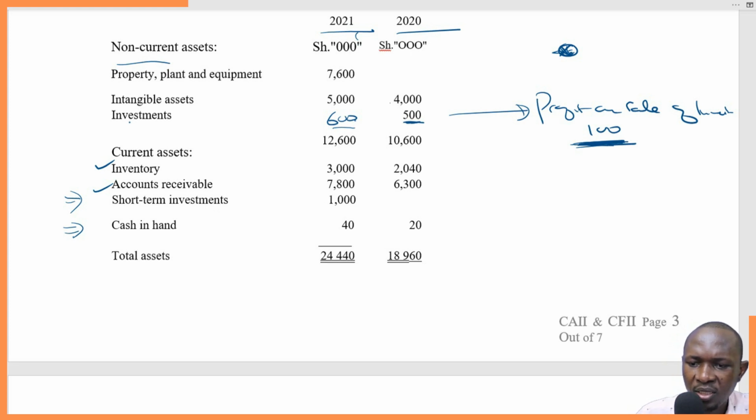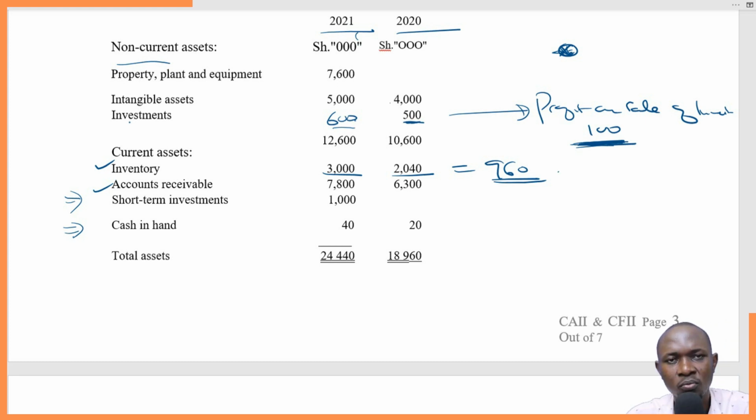Like inventory, there's a change from 2040 to 3000. This is a change of how much? 960. Now when inventories increase by 960, what does that mean? That we spent an amount equivalent to the increase in inventory, which means that we spent 960. That means that was an outflow.